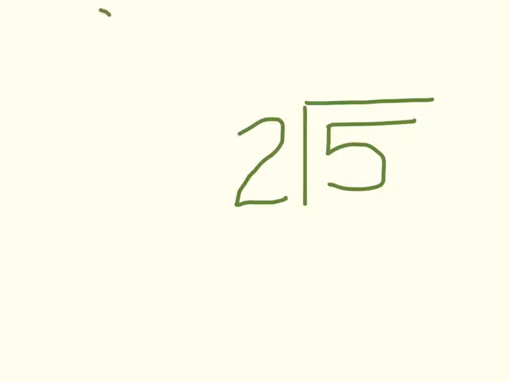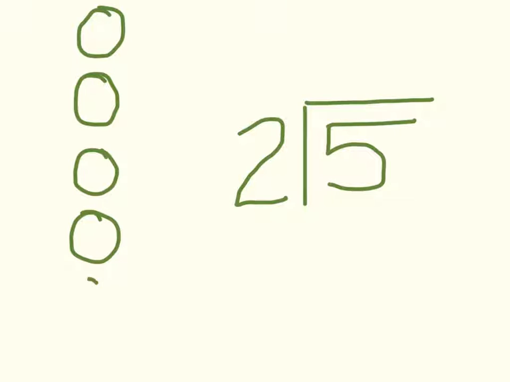So I've got my 5 pies. 1, 2, 3, kind of crooked little pies, 4, 5. So I've got 5 pies and I'm dividing it by 2 friends. Doing just the straight out math, 2 times what is going to give me close to 5? Well, 2 times 2 is 4, so minus 4. 5 minus 4 is 1.